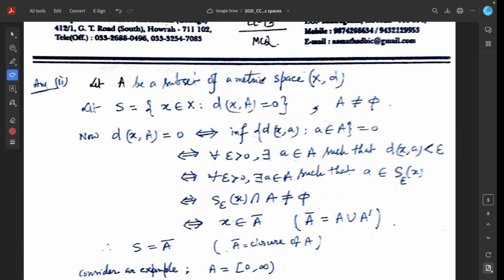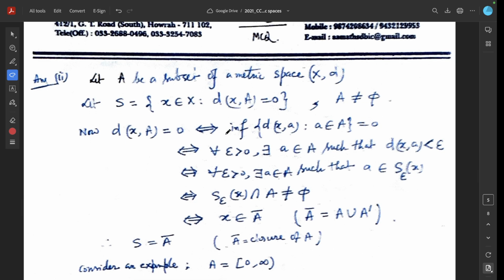Let A be a subset of a metric space (X, d). Let S be the set of x belonging to X such that d(x, A), the distance between the point x and the set A, equals 0. Then d(x, A) = 0 is equivalent to the infimum of d(x, a), where a belongs to A, being 0, by the definition of this distance.